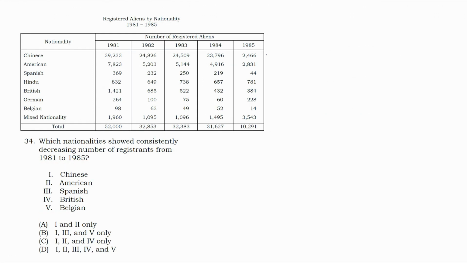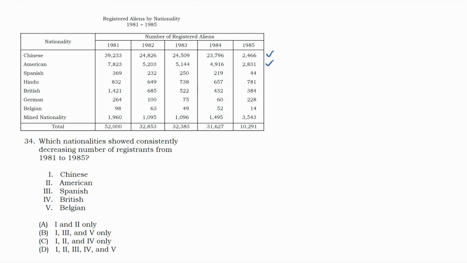Number 34, which nationalities showed consistently decreasing number of registrants from 1981 to 1985? So, dito, i-observe natin isa-isa kung ano yung consistent na nag-decrease na number of registrants. So, for the Chinese, ayan, observe nyo lang. So, lahat sila nag-decrease naman. For American, yes.